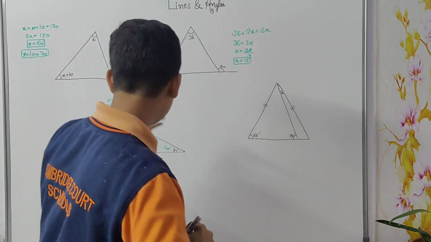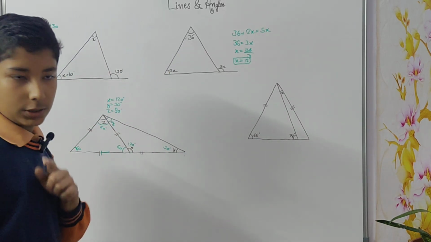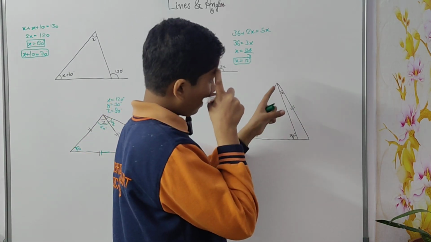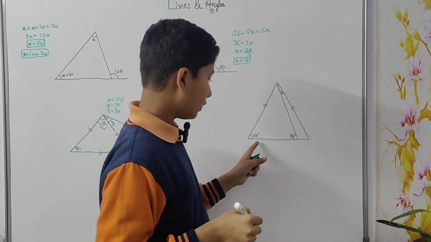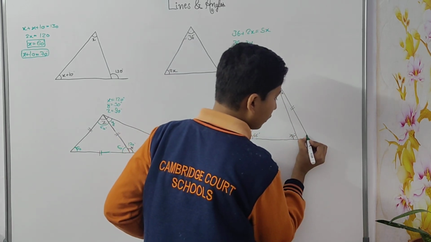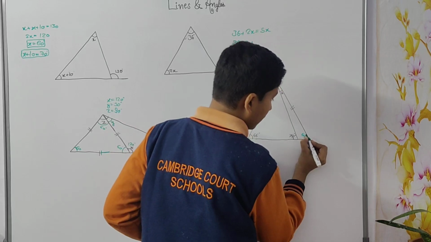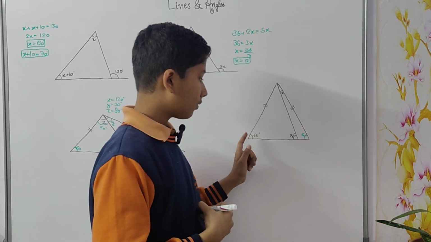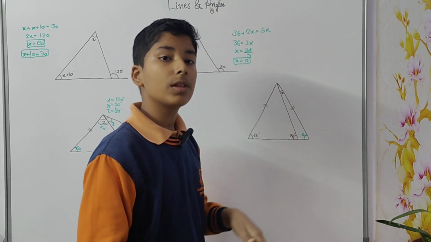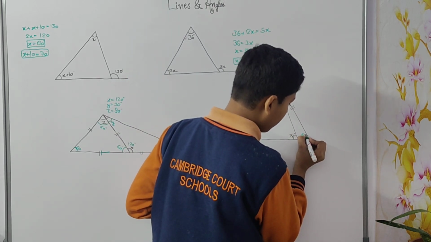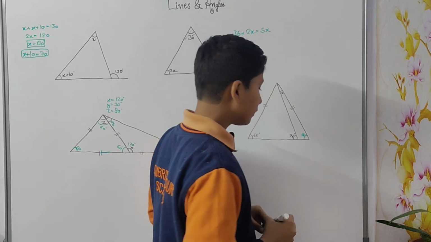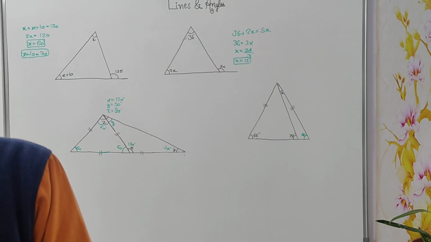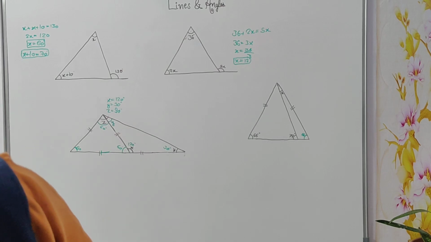Now this was a difficult question, I know. If you see this bigger triangle, this is 66 and this will also be 66 degree. Why? Because this is an isosceles triangle, so equal sides have equal angles opposite to them. Do we have to find anything else?